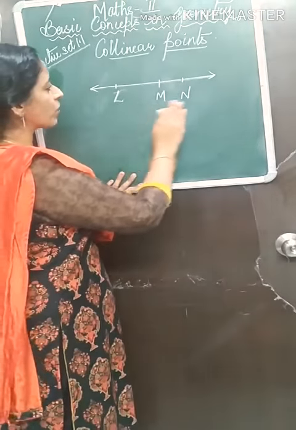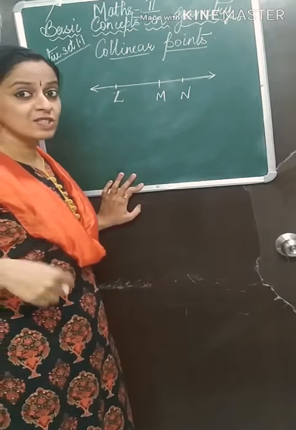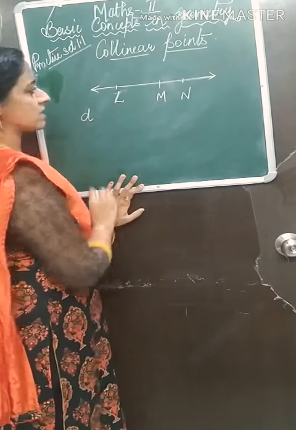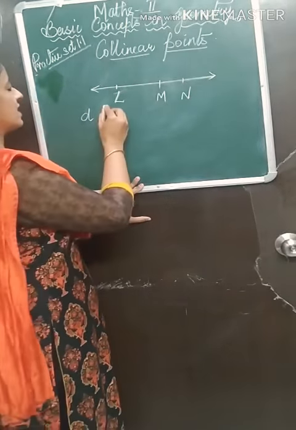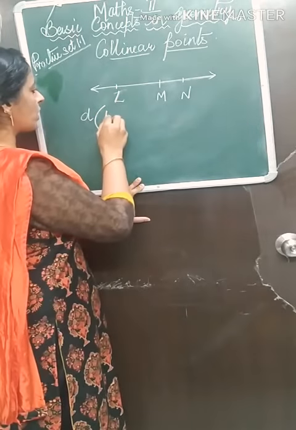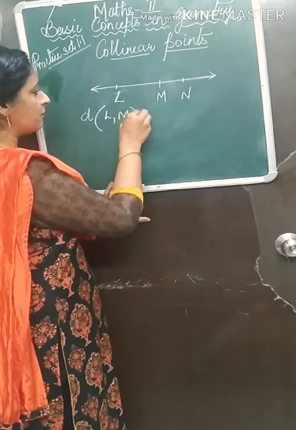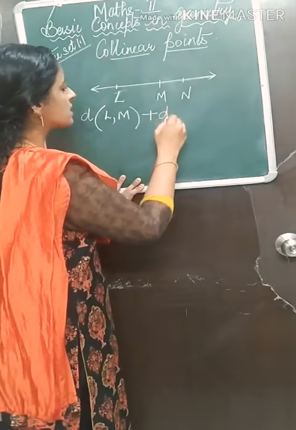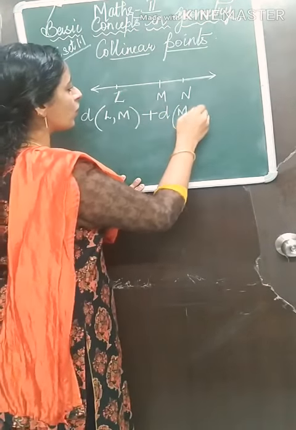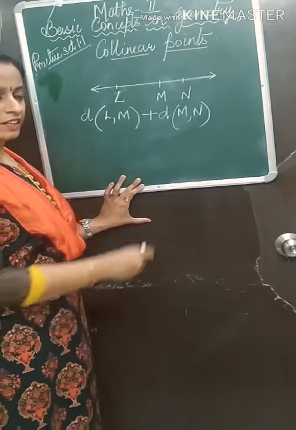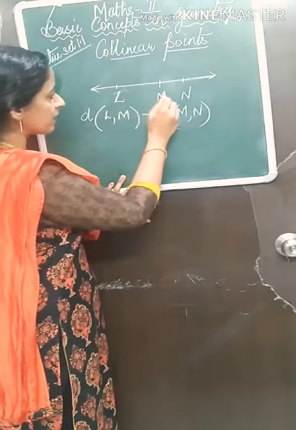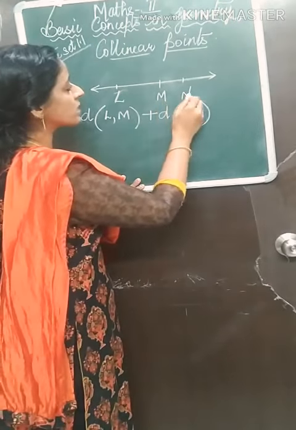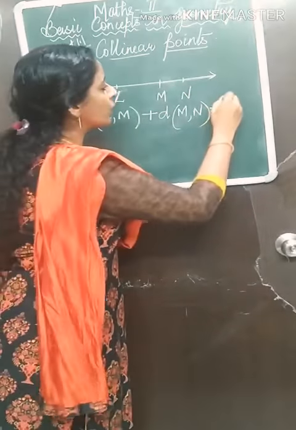If I am looking at these points from the distance point of view, I can write this. Distance between points L and M, plus distance between points M and N, look carefully, will be what?